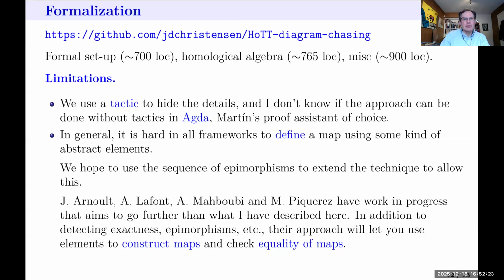I don't know if this exactly answers your question, but there are approaches to doing homological algebra that first prove a couple of lemmas some way, and then they organize everything so they can just use those lemmas to derive all the other ones.